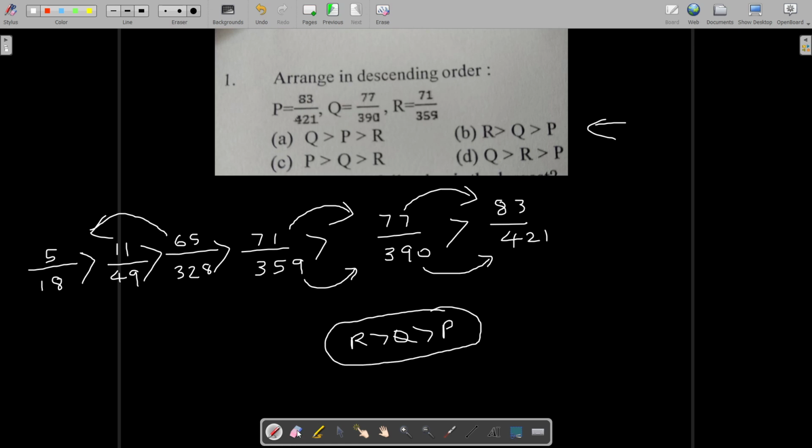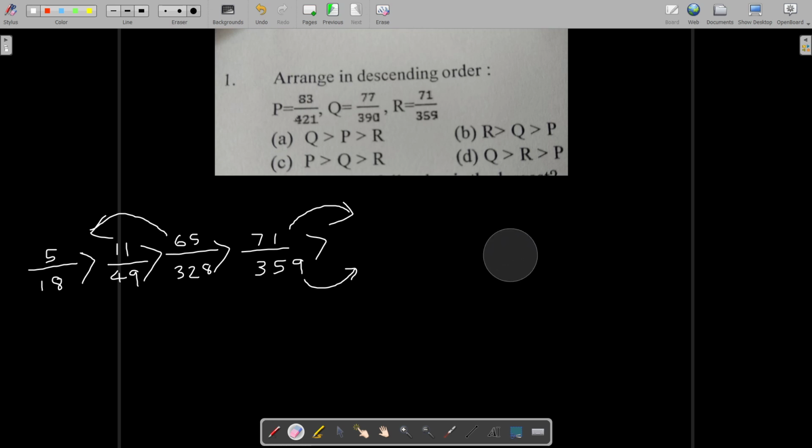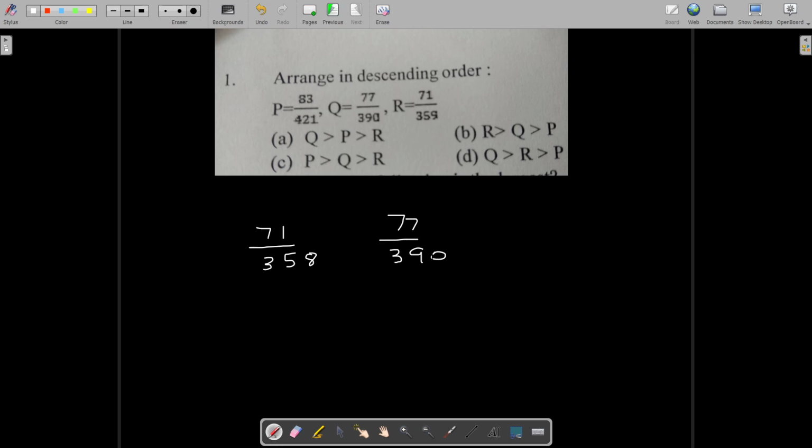Now let's just say during the examination you couldn't find this pattern, or let's just say there was no pattern to be found. Let's just say the question was 71 by 358 and 77 by 390 and 83 by 421.